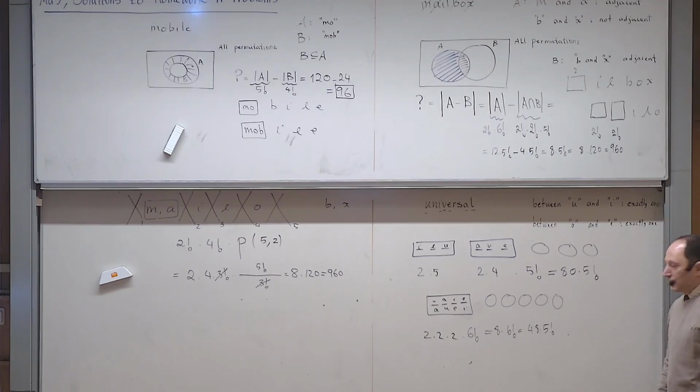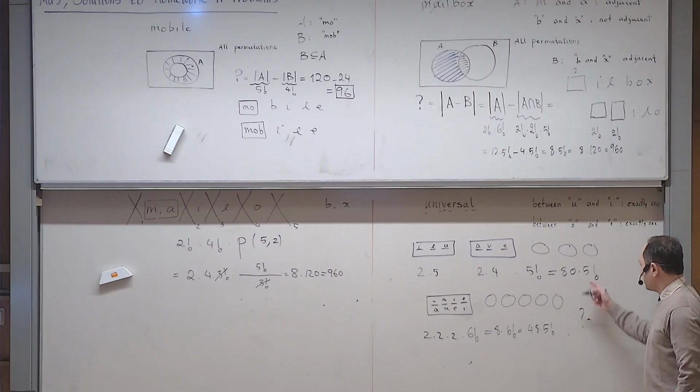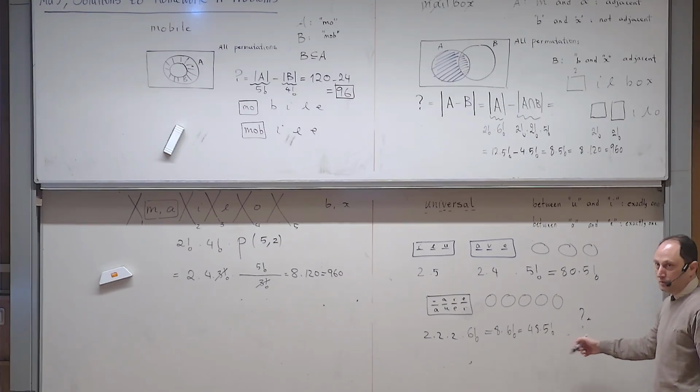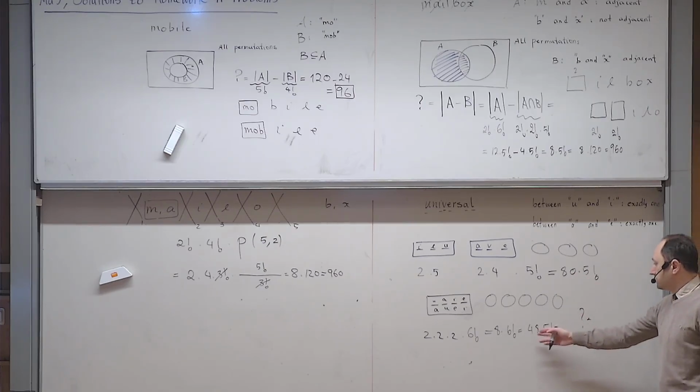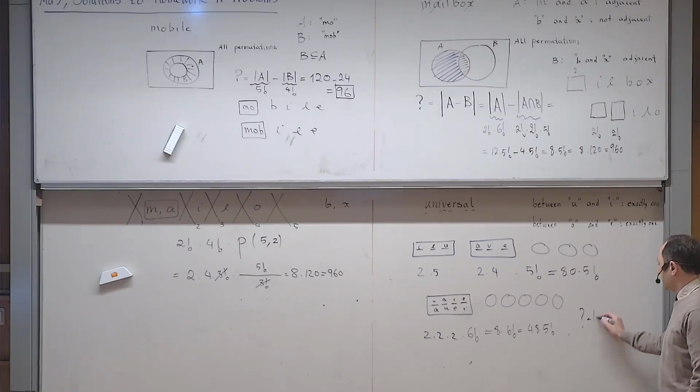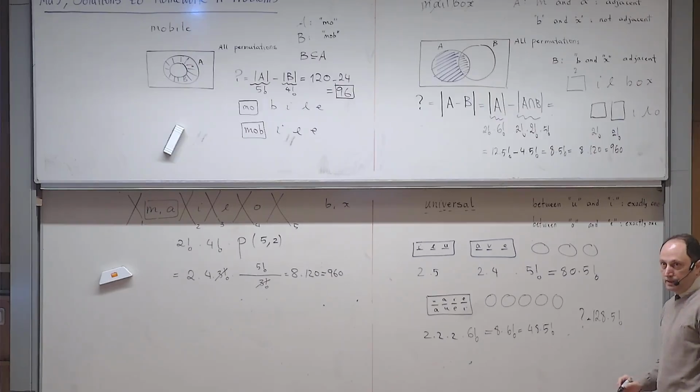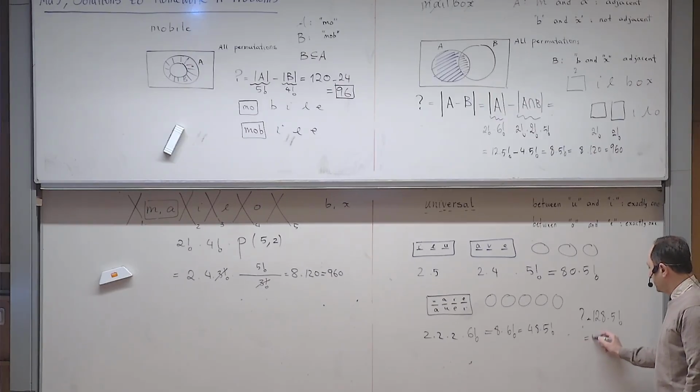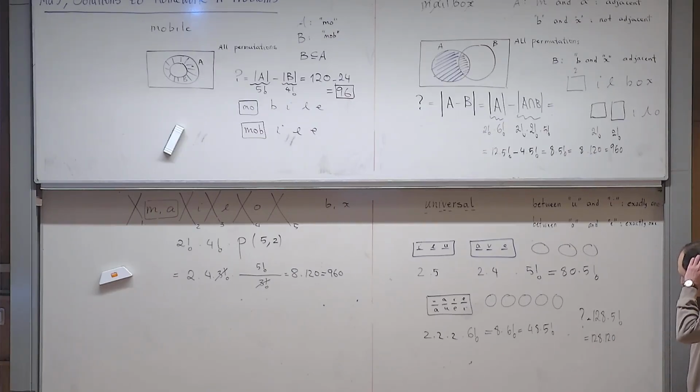And then the answer to the question mark should be the sum of these 2 numbers. This is 80 times 5 factorial, this is 48 times 5 factorial. If I add them up, it becomes 128 times 5 factorial. But then probably we will need the calculator or whatever. Actually, we don't need a calculator because this can be written as 120 plus 8 multiplied by 120.